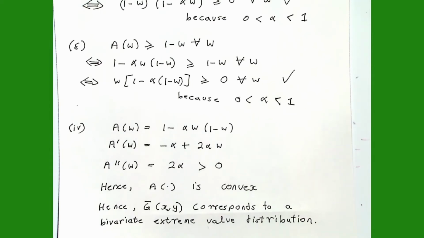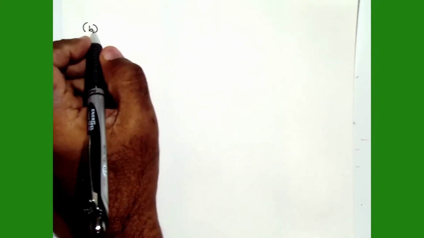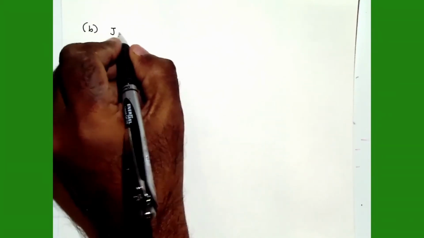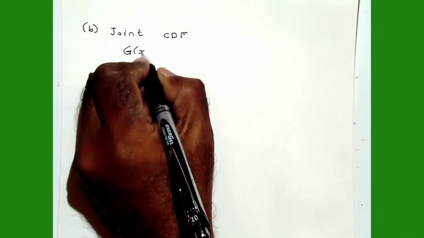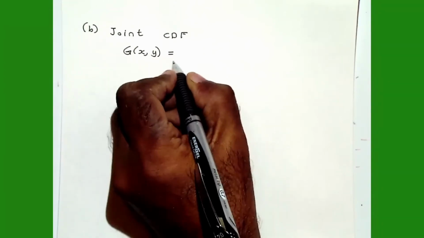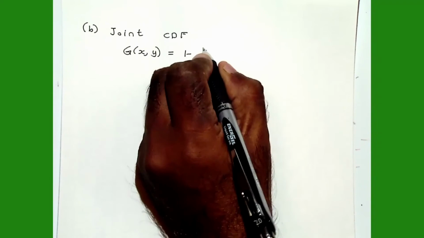Right, now the remaining parts of question 2 are the same as what I just mentioned in question 1, right? So this is part A. So to do the remaining parts, so to do part B, which is asking you for the joint CDF G. Right, so to do this, you use the following relationship, which I mentioned in one of the previous videos.